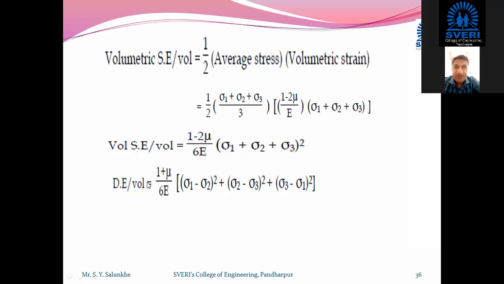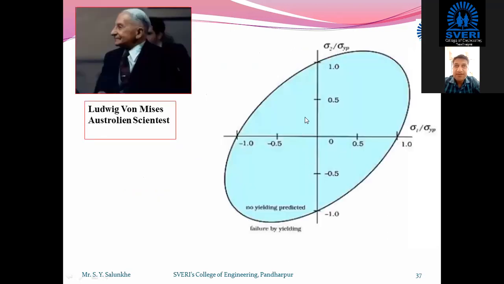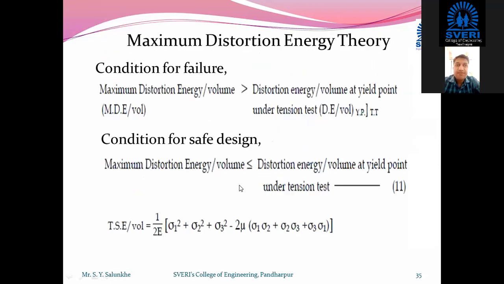So for the distortion energy, we are going to subtract this from the previous strain energy which we have calculated with the previous equation. This equation we can call equation number 1. This is the strain energy.